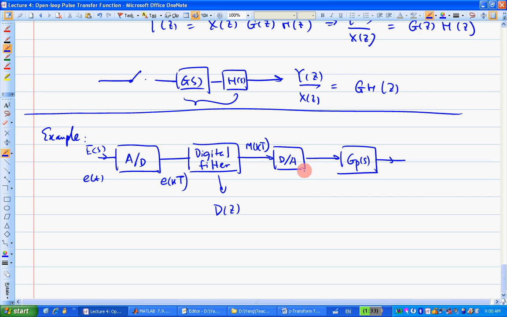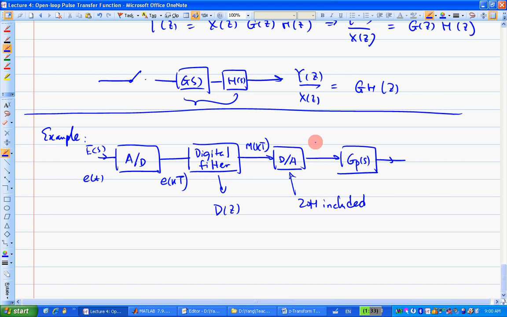So when you see a DA, it generally has a zero order hold included. Maybe there's higher order, but in our case we'll just consider zero order hold. Then it's given to this G_P(s) here.